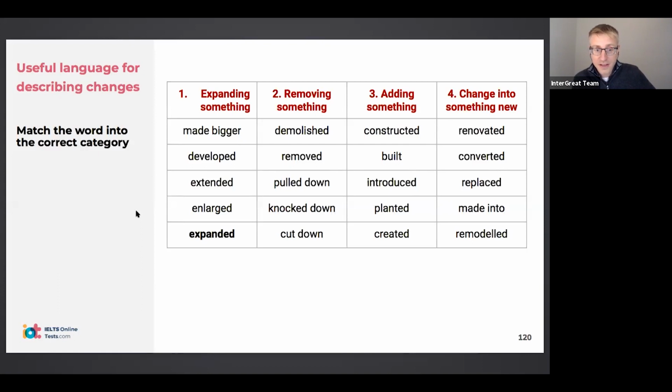Right, let's see. I can see a question about tense here in the Q&A, and also in the chat from Mohammed Mustafa, asking what kind of tenses we can use when describing the map. Well, it depends on the maps.